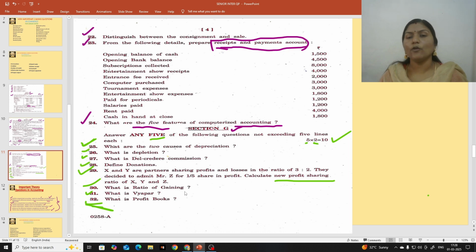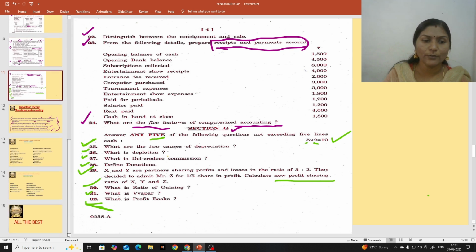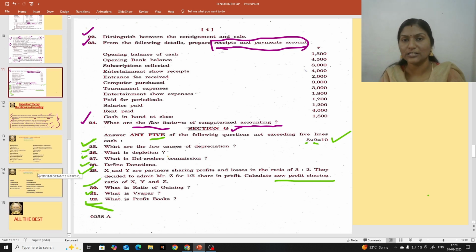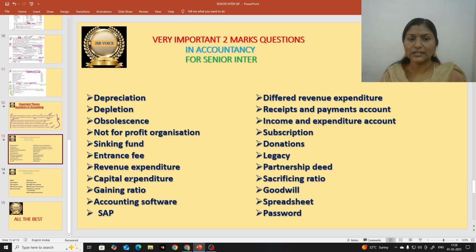And what are important from the final examination point of view to learn for this section G, 2 marks bit. I will show you what actually are very important to learn. So this is a list of all questions, students.